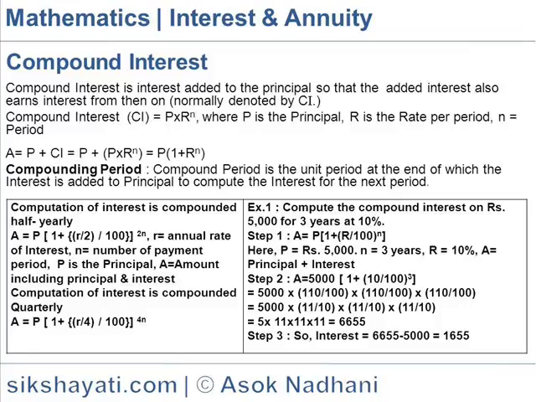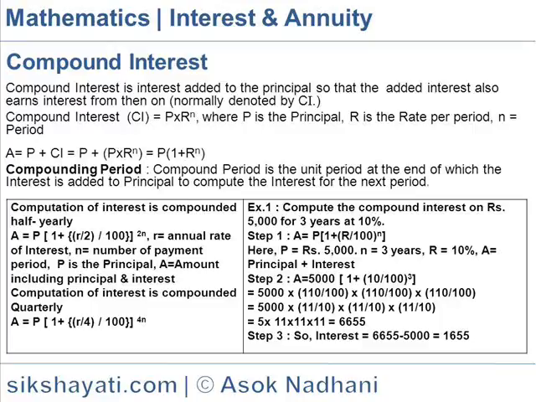Compute the compound interest on rupees 5,000 for 3 years at 10% per annum. Step 1. Here A is equal to P into (1 plus R by 100) to the power n. Here P is 5,000, n is equal to 3 years, R is 10%. So A is principal plus interest.